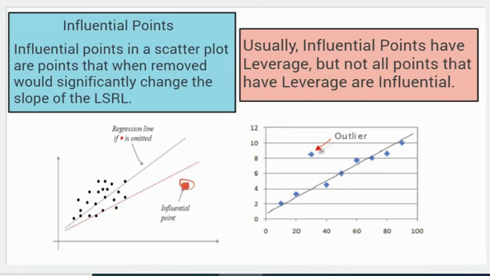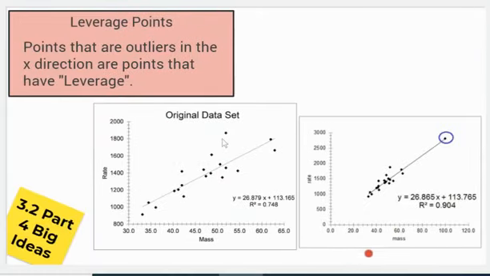This point has leverage and it is an influential point because when it's gone, the slope changes. But if we go back over here, this point, yes, it has leverage, but if it were to go away, we'd be back over here, and we can see that the slope does not really change hardly at all.